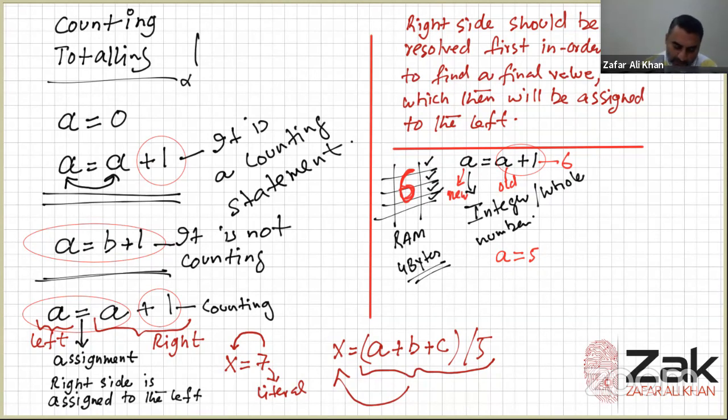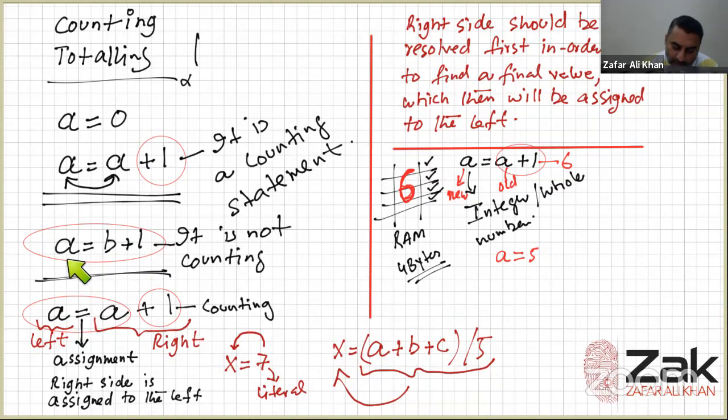Number 2, I said that for counting, it is actually necessary that the variable on the left and the right should be the same. If it is not the same, it means that the data is being taken from this variable's memory location, 1 added to it, and it is being assigned to A. That means that A's value is not being increased by 1.